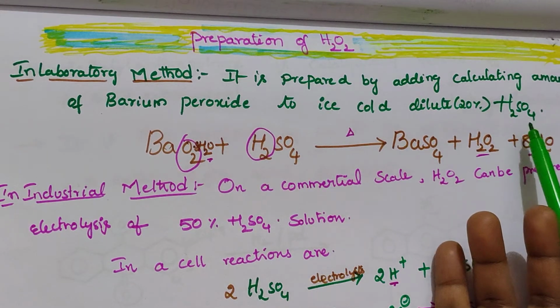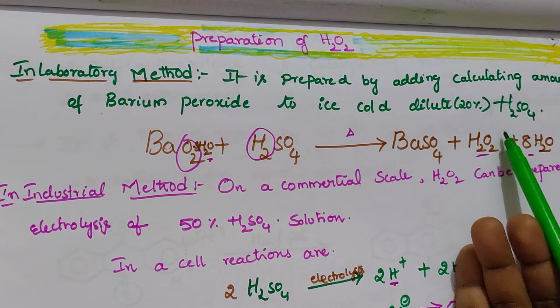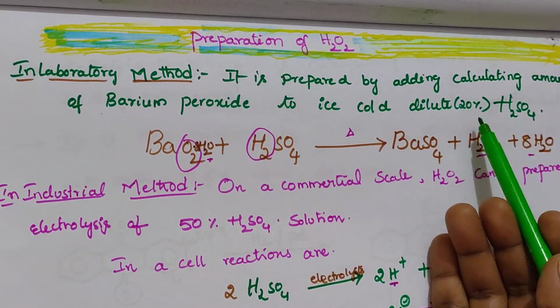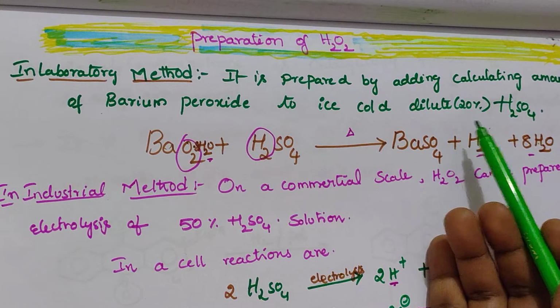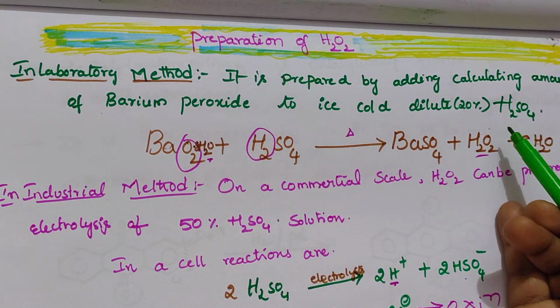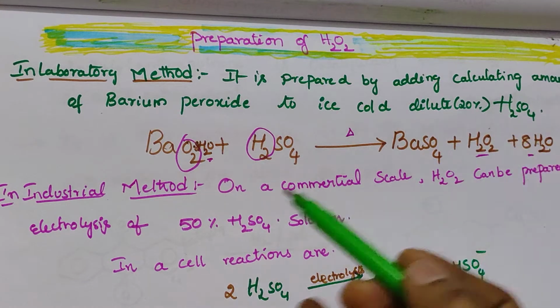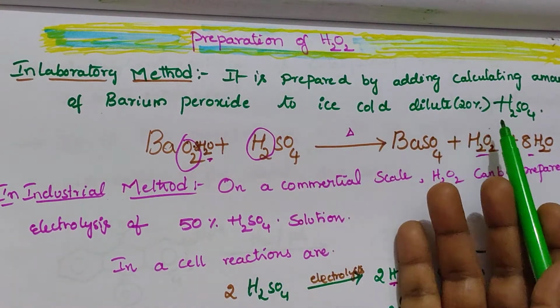H2SO4 is called sulfuric acid. The sulfuric acid is diluted to 20%, that means 20 ml sulfuric acid and 80 ml of water. It is ice cold and dilute.